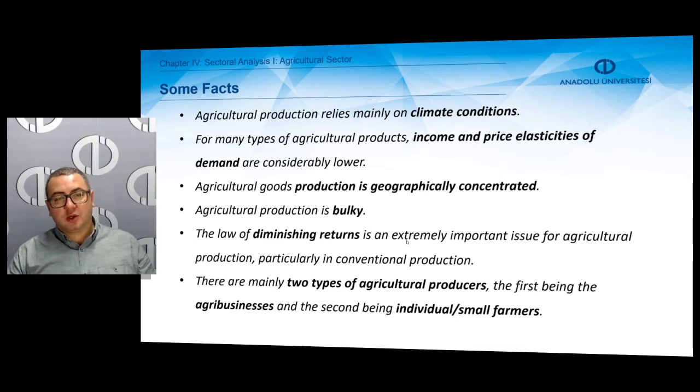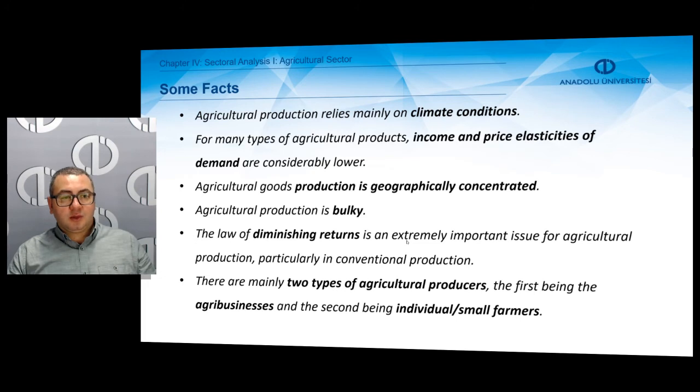Agricultural production is also bulky, which means that one simply cannot try to produce only one or only a couple of products. Thus, the agricultural production is bulky and it is done for a very high level of production.